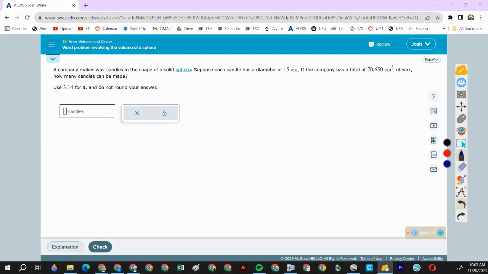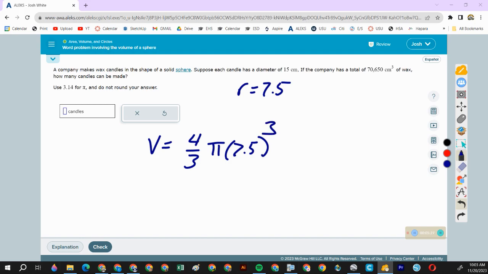A company makes wax candles in the shape of a solid sphere. Suppose each candle has a diameter of 15 centimeters, which means the radius is 7.5. The company has a total amount of 70,650 cubic centimeters of wax. How many candles can be made? So the volume of the sphere is 4/3 pi times 7.5 cubed.